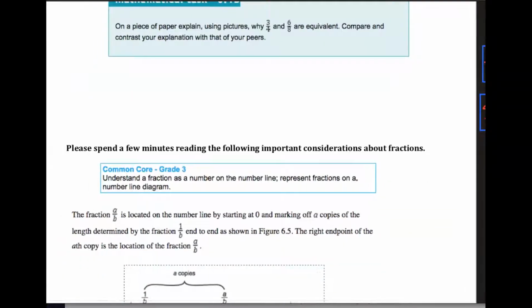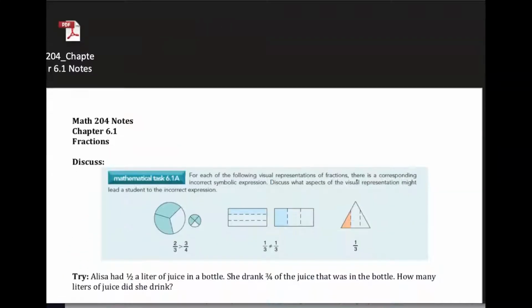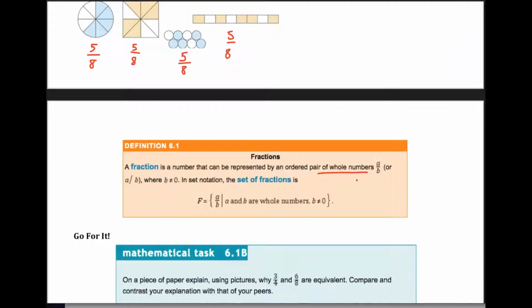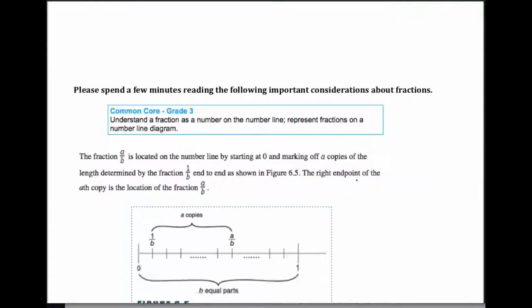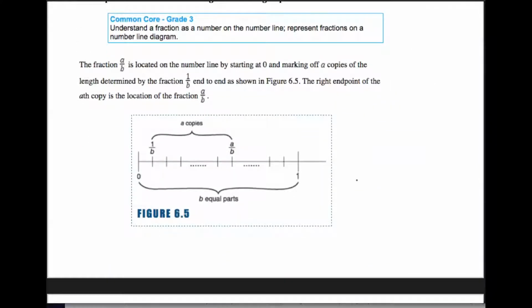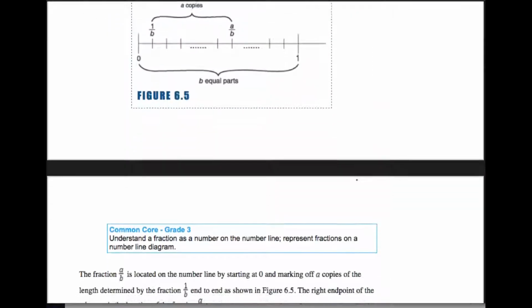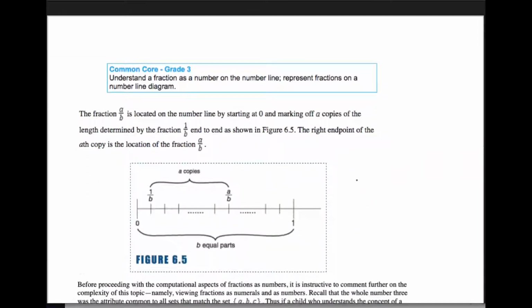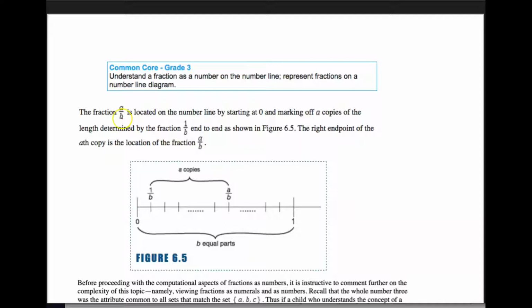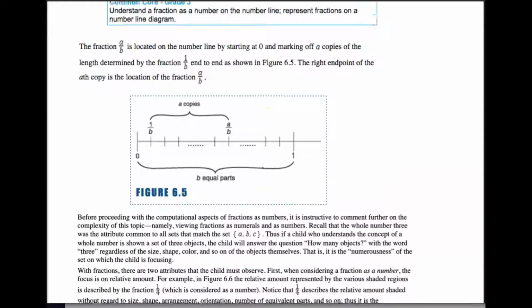And as we go on in this section, I want you to take a couple of minutes to read the next few pages here and really start to understand this idea of a fraction a over b, right? Where is it located and how is that related to the fraction 1 over b.